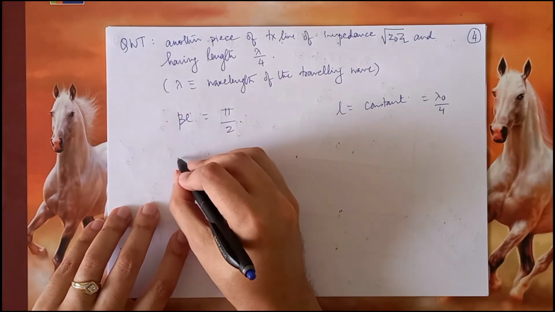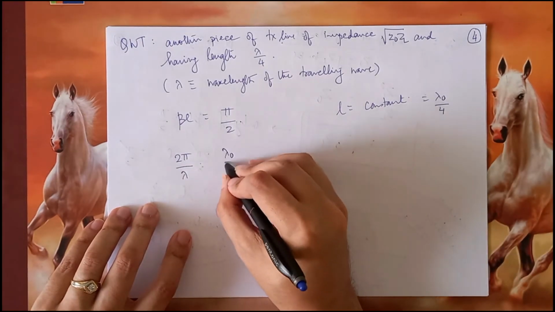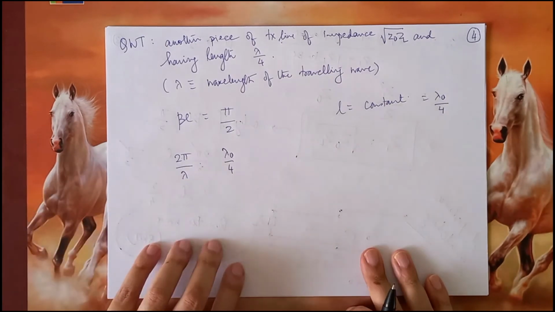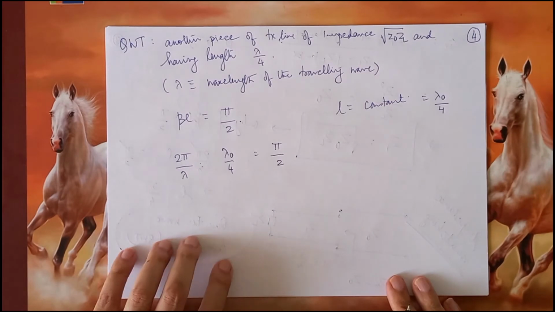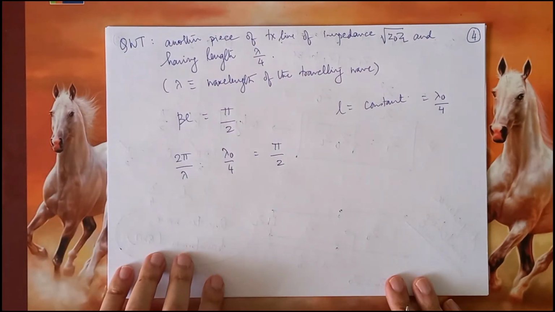So now if I put 2 pi by lambda times lambda 0 by 4, where lambda is the wavelength of the signal and that is variable, that is pi by 2. So now my question is, can I find out what are the possible lambdas for which this will be satisfied?